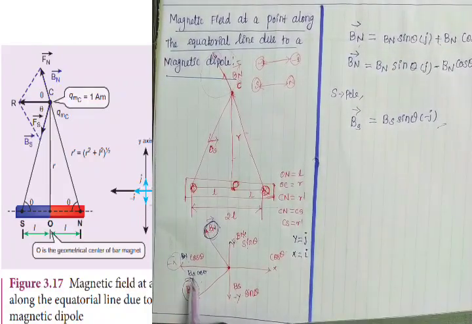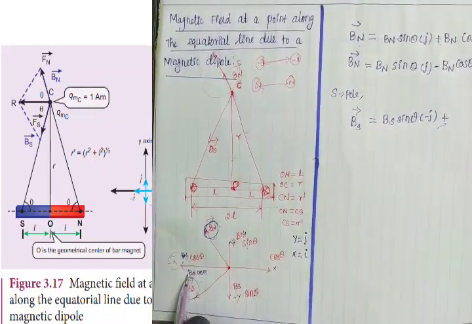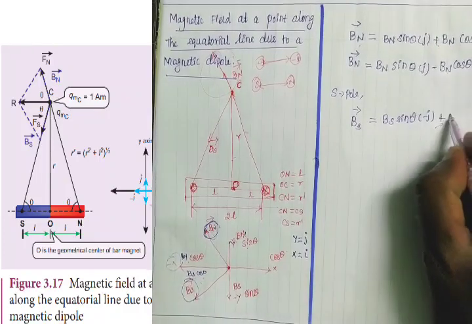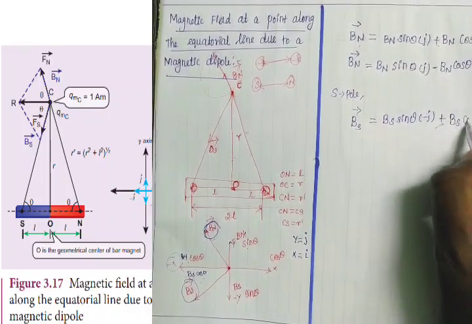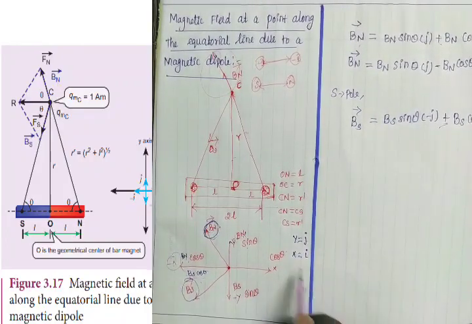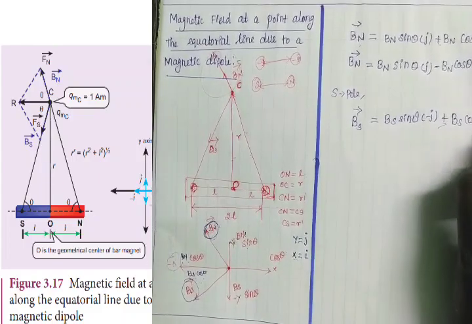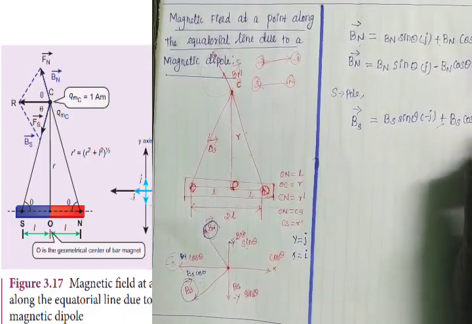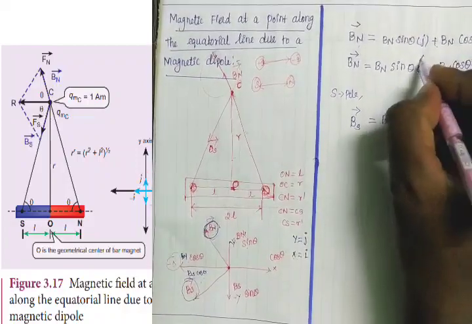The next one is plus here Bs cos theta, Bs cos theta unit vector. What is a unit vector? Minus x, so minus x means minus i cap, unit vector, so you want to put cap.